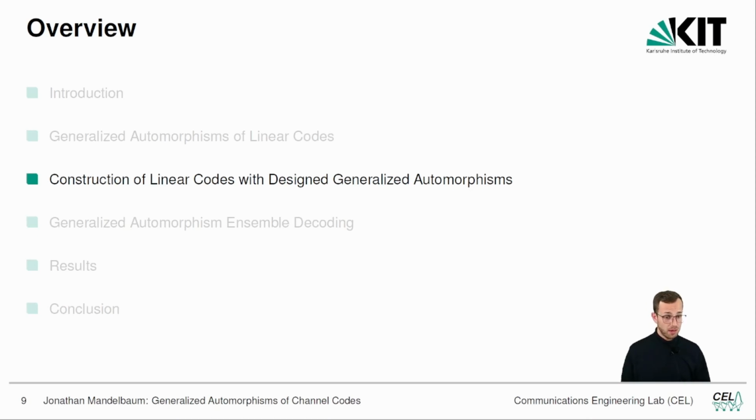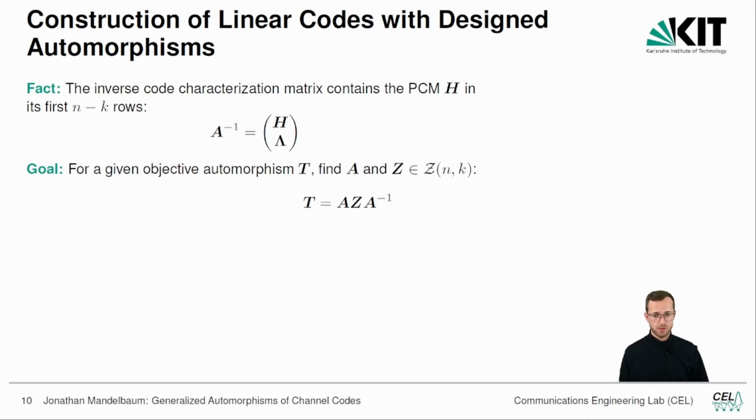This brings us now to the construction of linear codes with designed automorphisms. To this end, we exploit the fact that the inverse code characterization matrix contains the parity check matrix H in its first n minus k rows. Therefore, if we know A inverse, we know the parity check matrix H, and it is known that a linear code is fully defined by one of its parity check matrices.